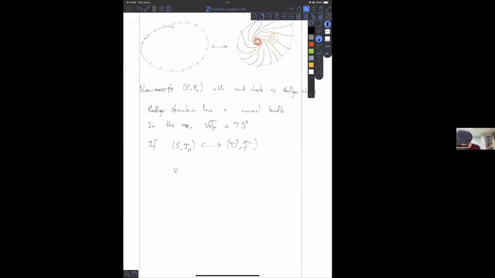We have the associated normal bundle, and this would embed into the normal bundle of F bar, but that's just a rank 2 vector bundle over the disk. So this would have to be trivial, but it's not trivial. So you have a contradiction.